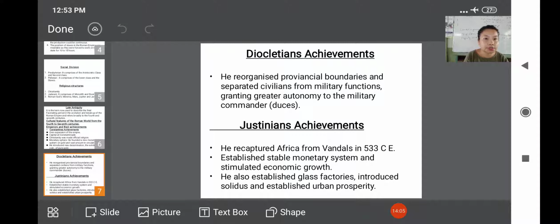Next, we have Justinian's achievements. He recaptured Africa from the Vandals in 533 CE.